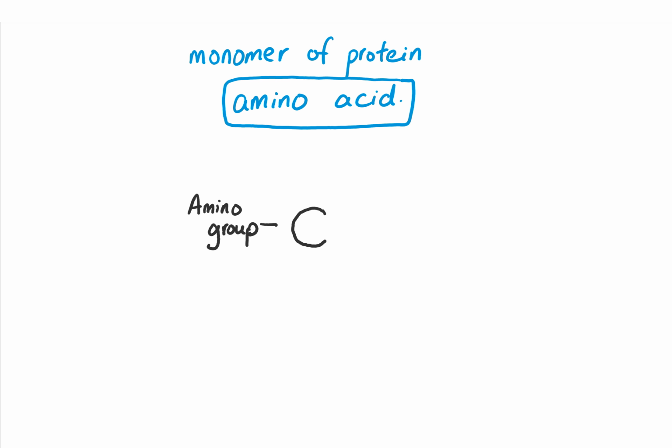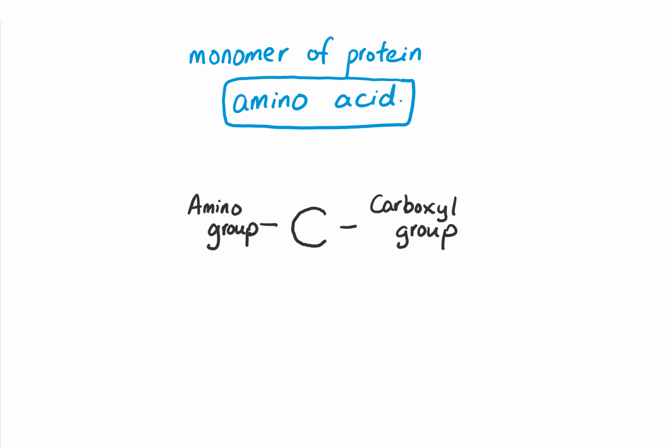Next, it is also an acid, and one functional group that contributes to the acidity of a molecule, for instance the fatty acid, is the carboxyl group. So an amino acid also has a carboxyl group. So now we have 2 groups, right? Amino group and carboxyl group.